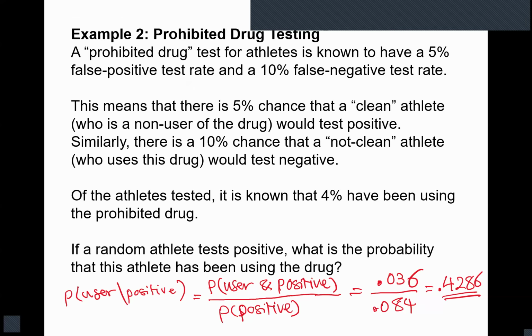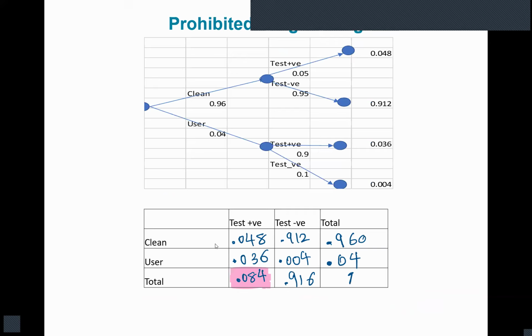I'm not going to ask you to do something more complicated than this. But just to be more complete, I'm also going to write my formula so it reflects the Bayes' rule. So, user given it is positive.